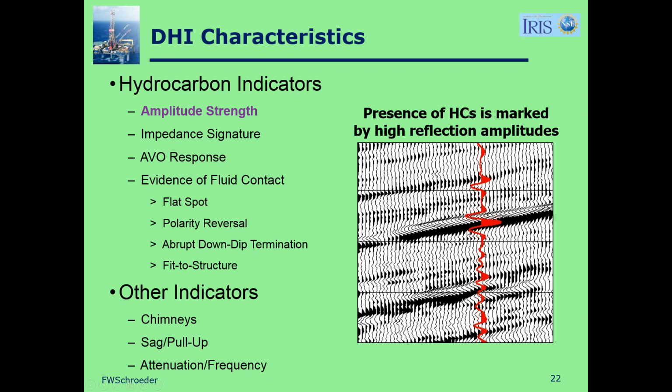And then we have a really strong black or really high swing to the right. And these amplitudes are much higher because the impedance contrast of a hydrocarbon sand is larger than the impedance contrast of the same sand when it has water in it. So if we have a very anomalous amplitude, that can be an indicator that we have hydrocarbons present.